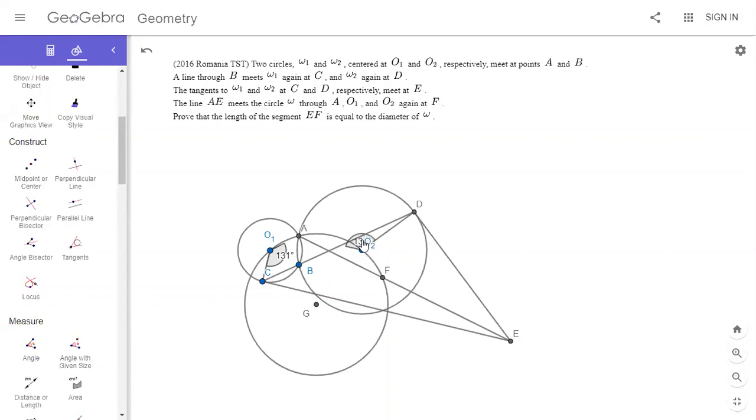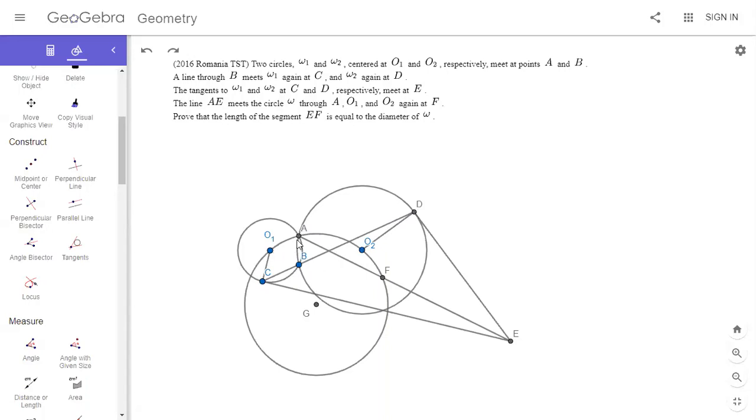So were you able to prove that, or by looking at the figure you thought it looked true? Just by looking at the figure. Yeah. Okay. That looks like it probably should be an angle chase, right? Because you can write angle CO1A in terms of angle ABC, and you can write angle DO2A in terms of ABD.